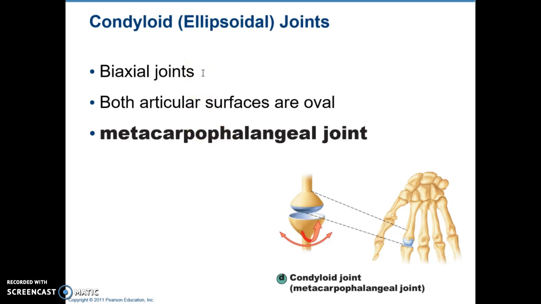And the example of this in your body is the metacarpophalangeal joint. So this is the joint in between your fingers and your palm, so it's your first knuckle. And as we said, you can flex your fingers, open and close your hand, or you can wag a finger back and forth like you're shaming somebody and saying, that would be biaxial angular movement.